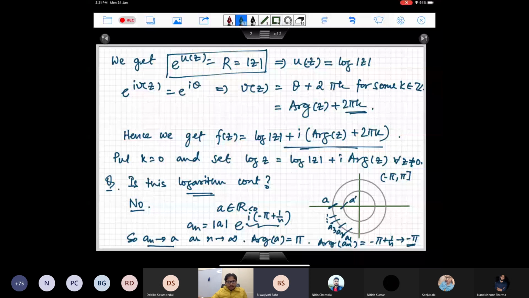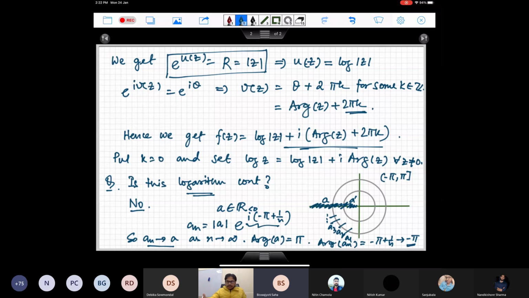Do you agree to this? There is nothing special. Whatever point on the negative real axis I take, by doing the same trick, drawing a circle centered at 0 and passing through that negative point, I will always be able to show that the argument is not a continuous function. So on this whole line, the argument is not going to be continuous. Agreed?